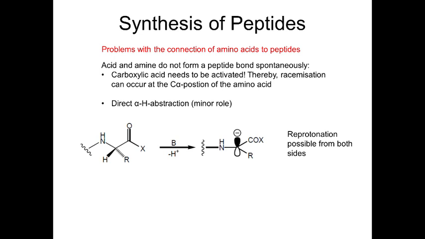During the synthesis of peptides, there is one additional problem that needs to be solved, and this is the problem of racemization. Racemization is a process in which the stereo configuration at the C-alpha carbon of the activated carboxylic acid gets changed.